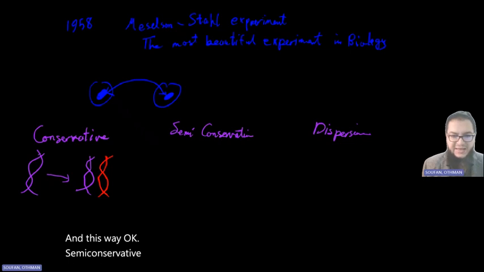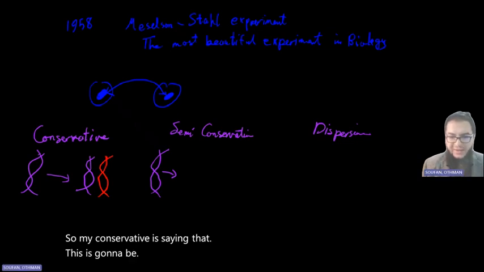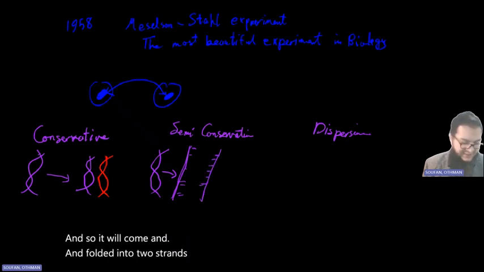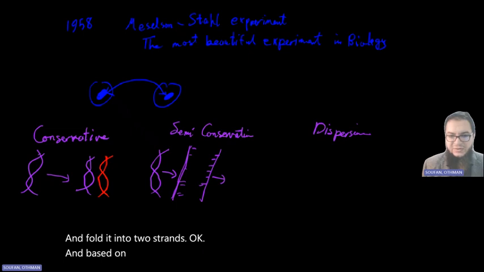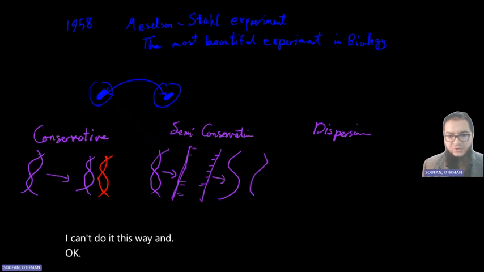Semi-conservative is saying that this is going to be unwound, so it will become unfolded into two strands, and based on that, I can do it this way, and this way.